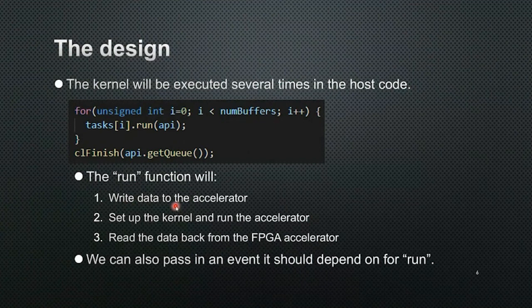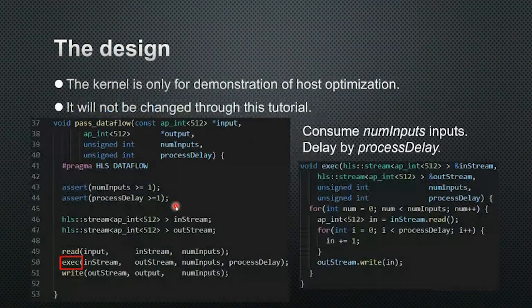Can you go back one slide, the previous slide? Okay, look at the code here, especially the process delay. For this code, it will delay process delay number of cycles, right? Yes, using the for loop. Yes, that's an important thing.